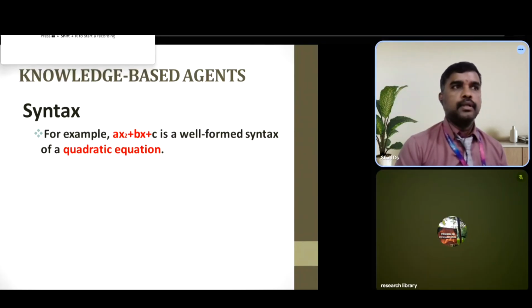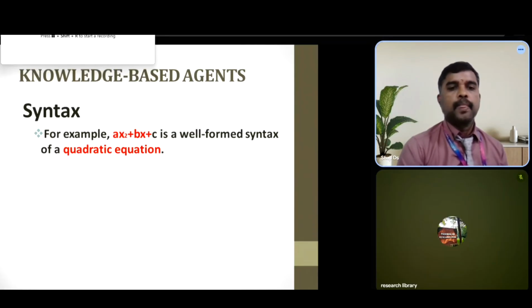For example, in object-oriented programming, to represent a variable we should use a syntax. In that syntax for representing a variable, there is a variable name which is followed by a data type. Like that, every formulation has a syntax.